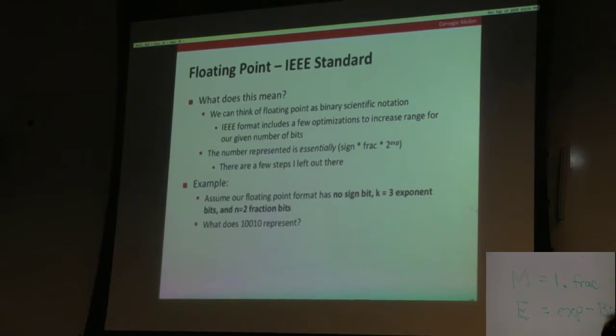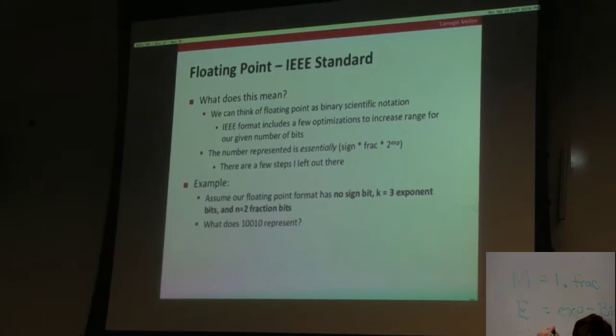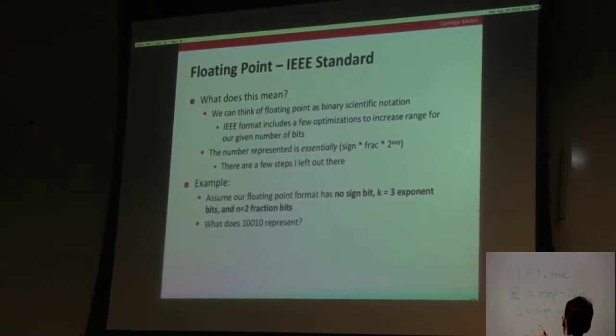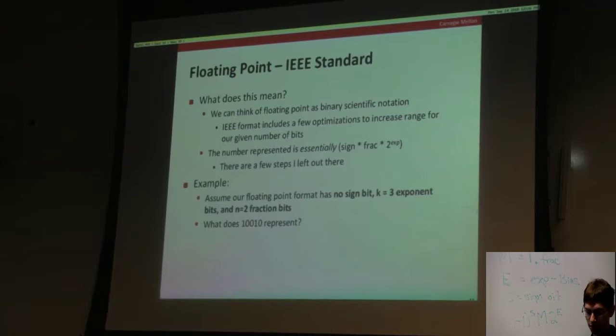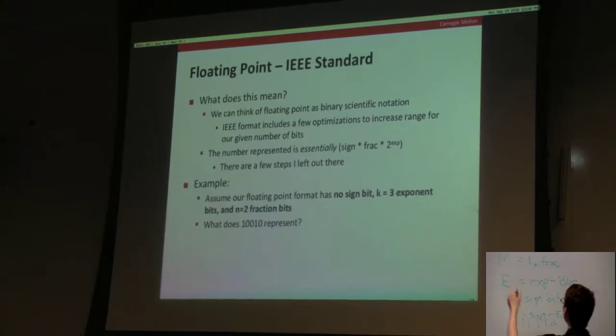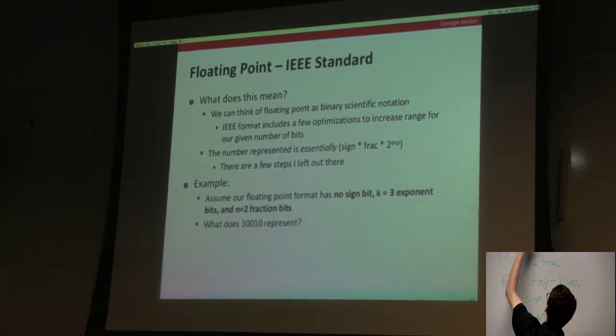And then we've got the sign bit, s. Our floating point number is equal to negative 1 to the s times m times 2 to the e. This is the actual formula for calculating the value that a particular floating point number represents. So what is this bias? The bias is going to be 2 to the k minus 1, minus 1, where k is the number of exponent bits we have.